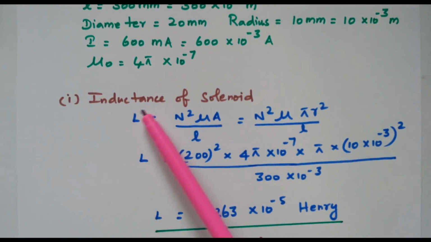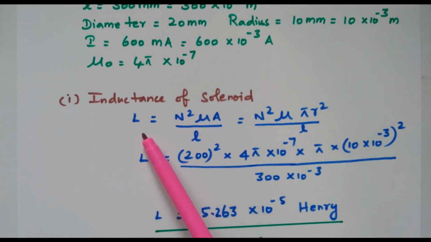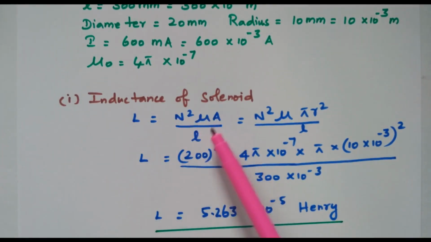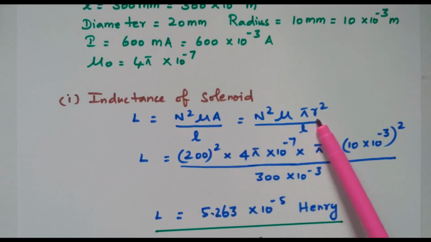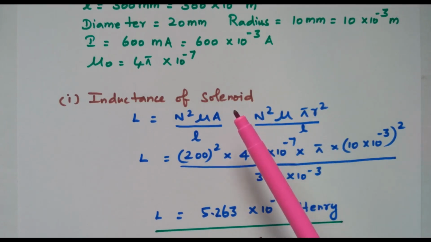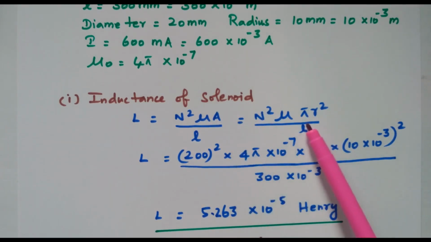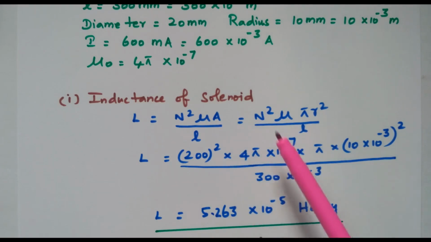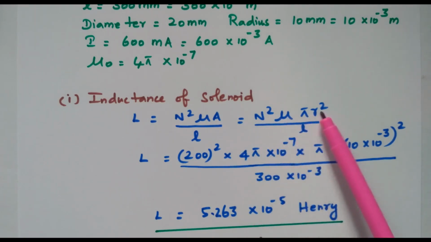The inductance of the solenoid is L equal to N square mu A by L, as we just discussed. This A is nothing but pi r square, because the radius is available. So L equals N square mu pi r square divided by L. Now we will substitute all the values.